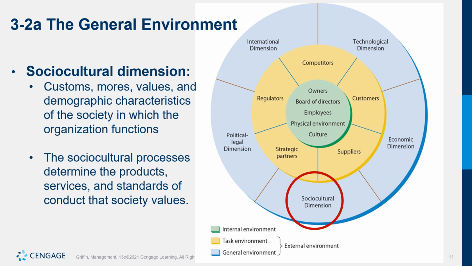The socio-cultural dimension includes customs, mores, values, and demographic characteristics of the society in which the organization functions. The socio-cultural processes determine the products, services, and standards of conduct that society values.